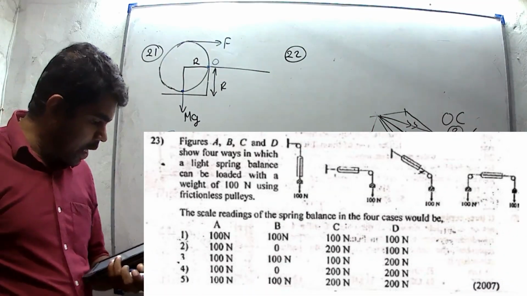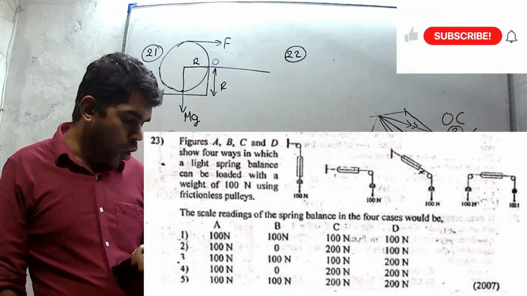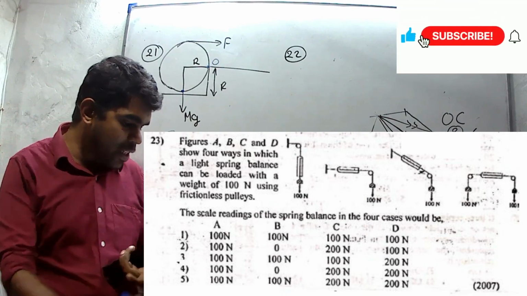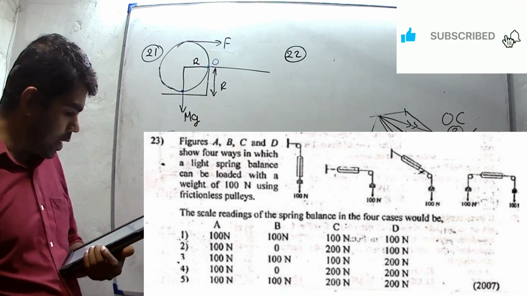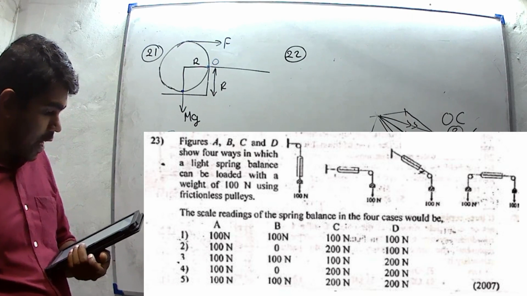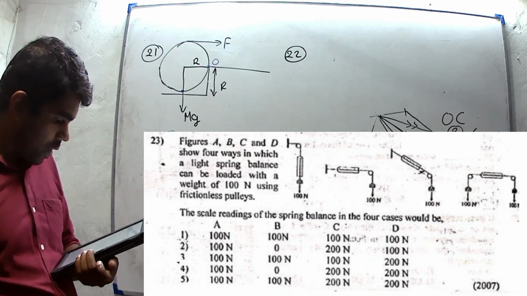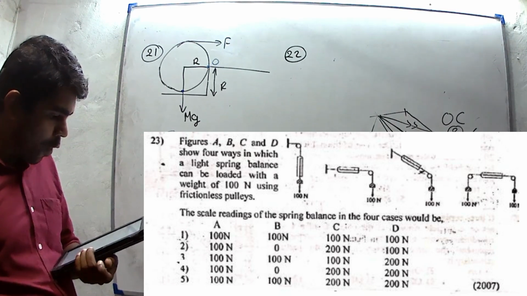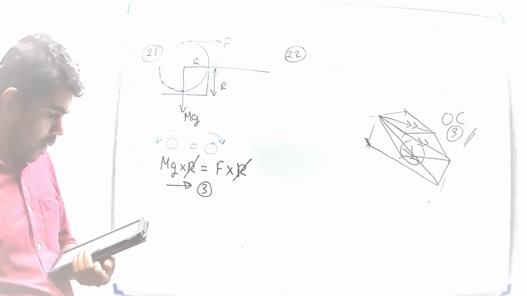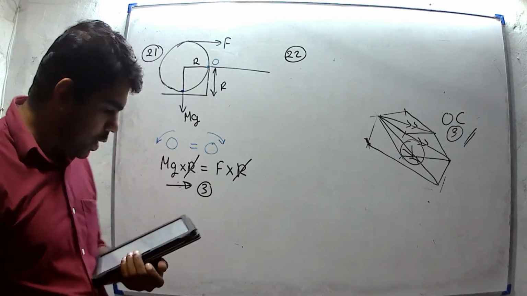Question number 23. Figures A, B, C and D show four ways in which a light spring balance can be loaded with a weight of 100 Newton using a frictionless pulley. The readings of the spring balance in the four cases would be? The spring balance reads the tension of the cord.